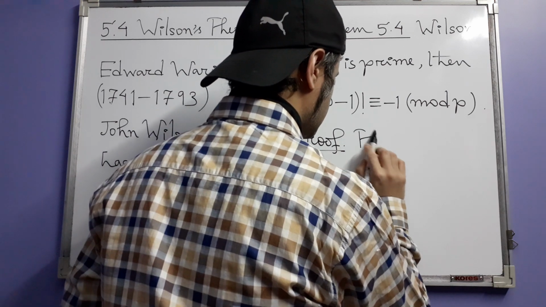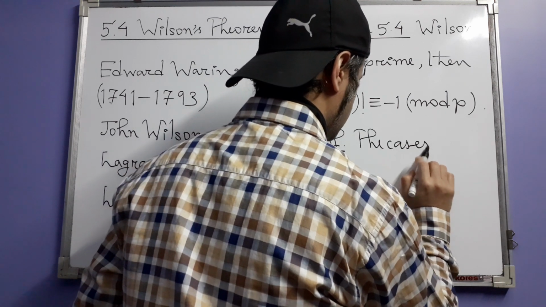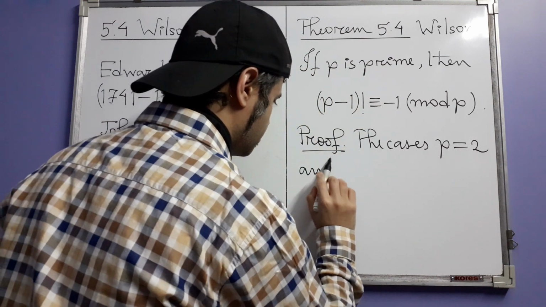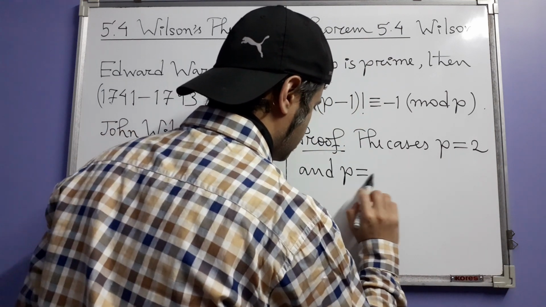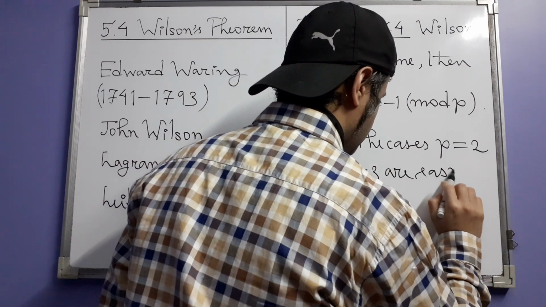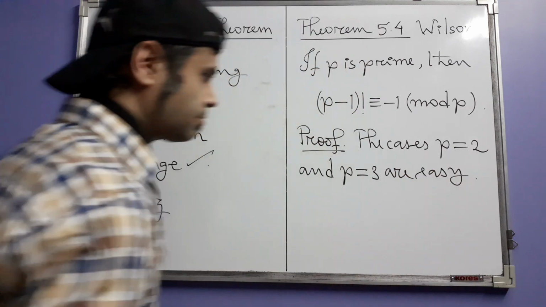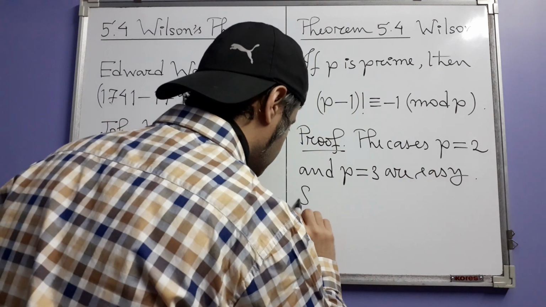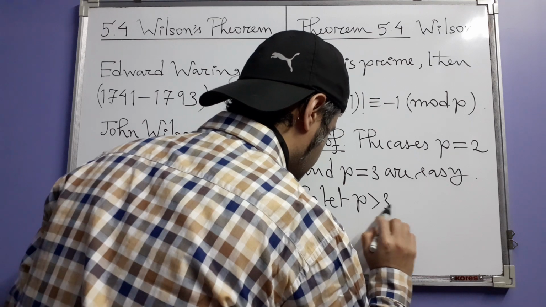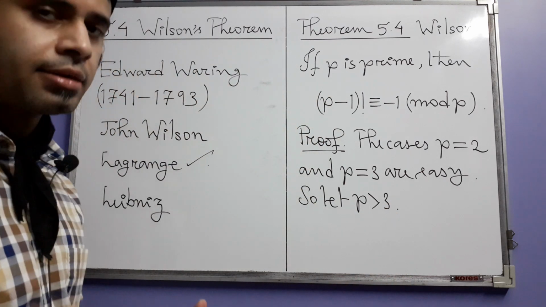The cases P equal to 2 and P equal to 3 are easy. Okay, so let P be greater than 3. That means P is at least 5.